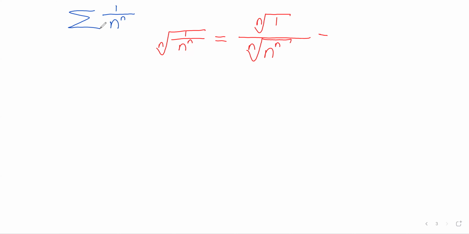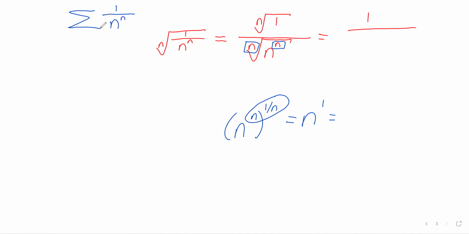It doesn't matter what n is, the nth root of 1 is 1. And it doesn't matter what n is down here, the nth root and the nth power will cancel each other out. If you prefer to think of this another way, the nth root is the 1 over n power. When we have repeated powers, we multiply them. So this becomes 1 over n.